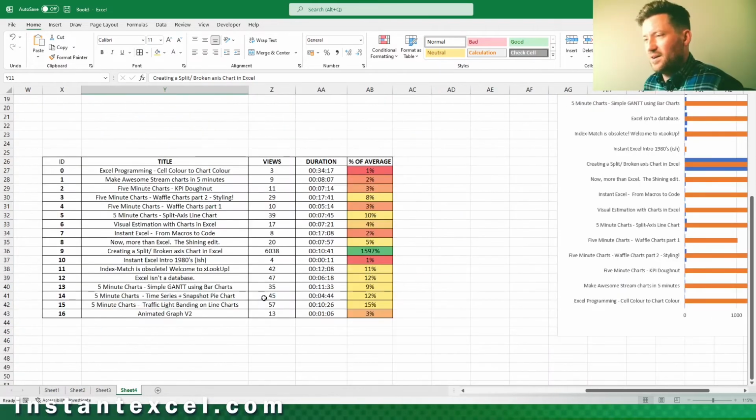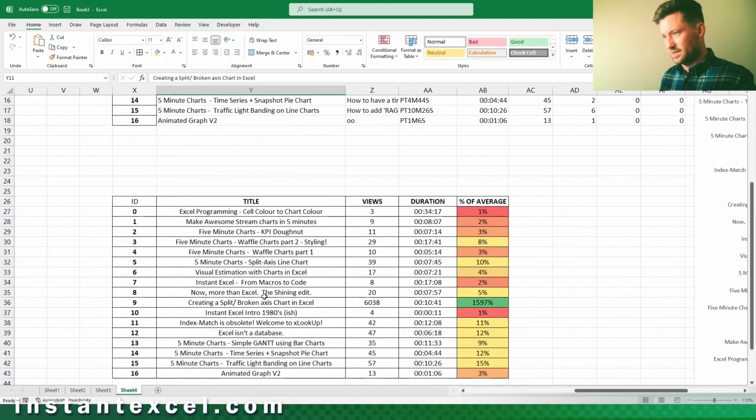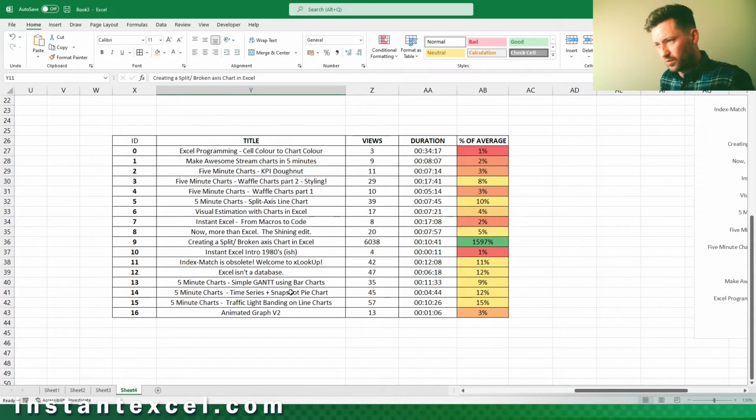So based on these numbers, I need to focus more on doing split or broken axis charts, because that's the one that's just gone crazy, well, compared to the other ones. My worst performing one is the one I recently uploaded and probably spent the most time on, with a maximum of 3 views.